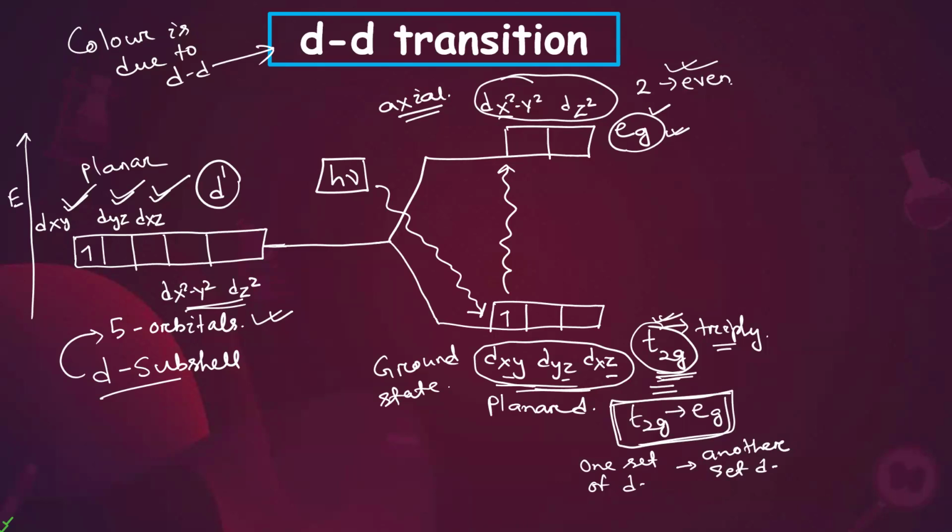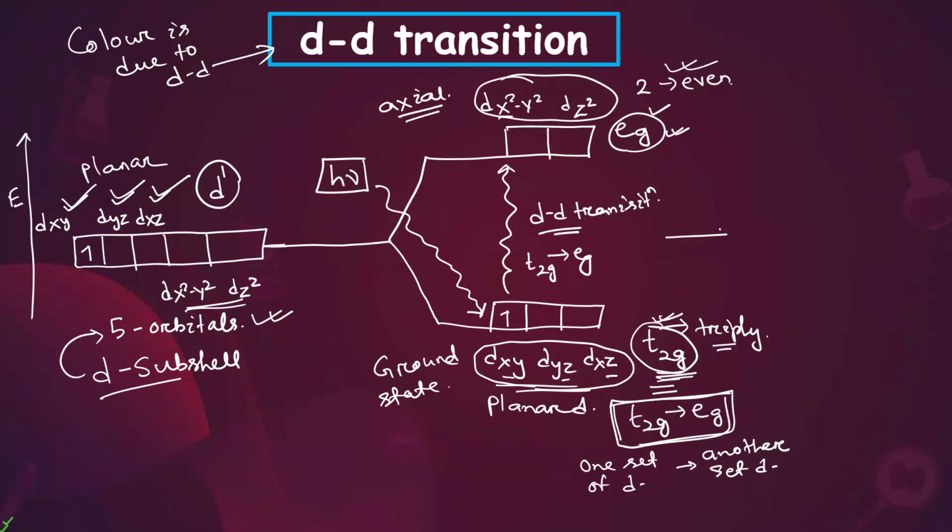This jump from T2g to eg is called your d-d transition. Clear?